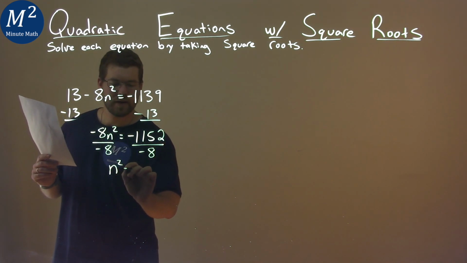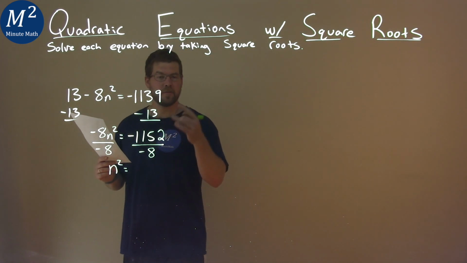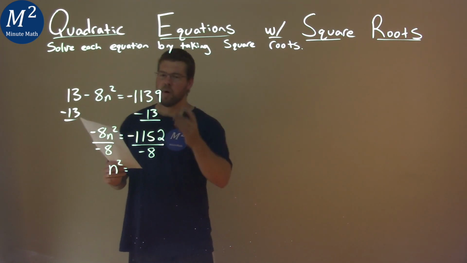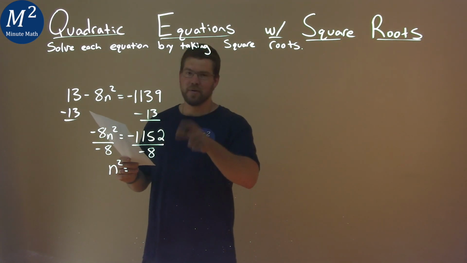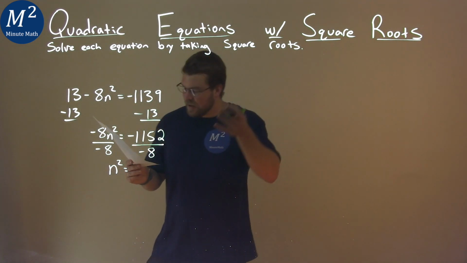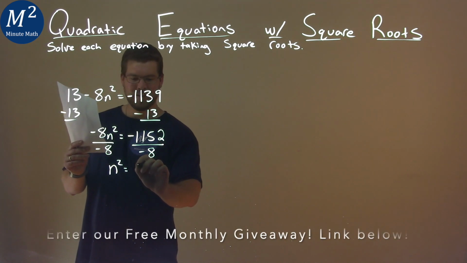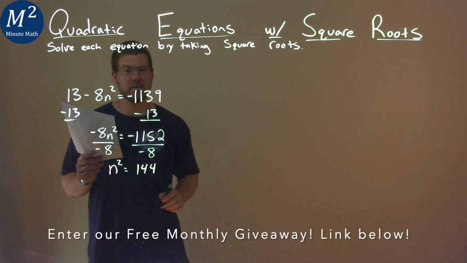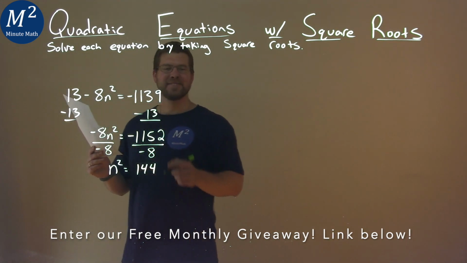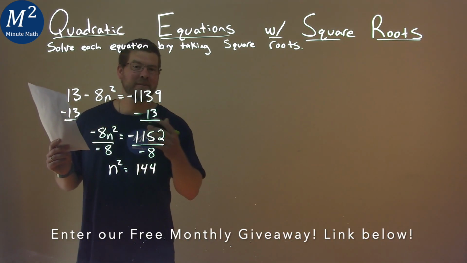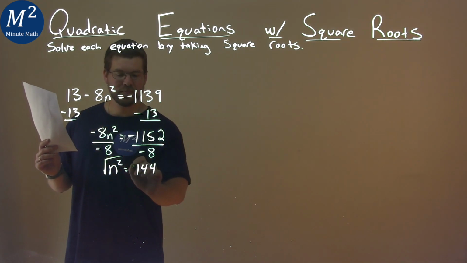N squared is by itself, and negative divided by negative is a positive, and 1,152 divided by 8, if you know that off the top of your head, put it down below. I didn't, but it's 144. Did you get it? Let me know. Now, n squared equals 144. To get rid of the squared, we have to take a square root.